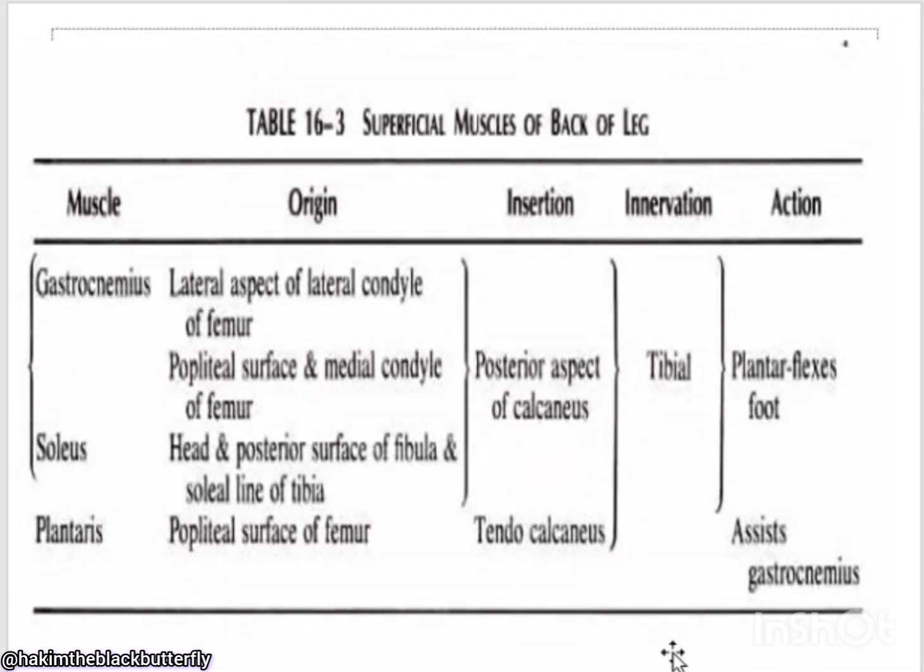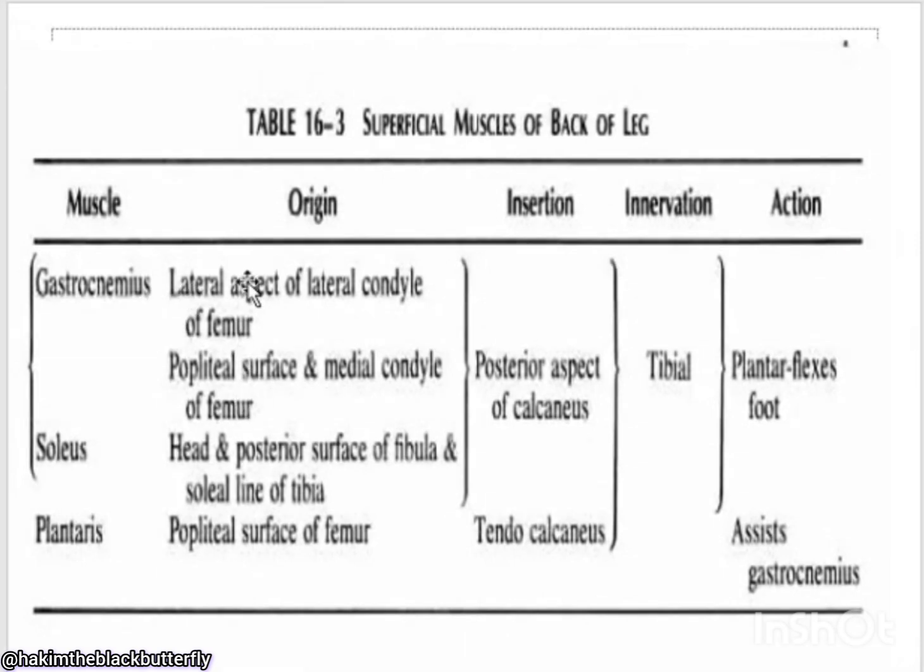So these muscles' origins are indicated there, and they insert in the calcaneal bone of the foot. And the gastrocnemius has a medial belly and a lateral belly. The lateral belly originates from the lateral condyle of the femur, and the medial belly originates from the medial condyle of the femur.